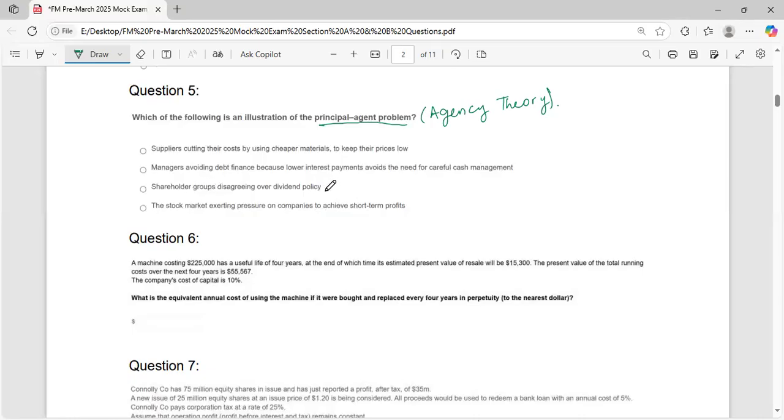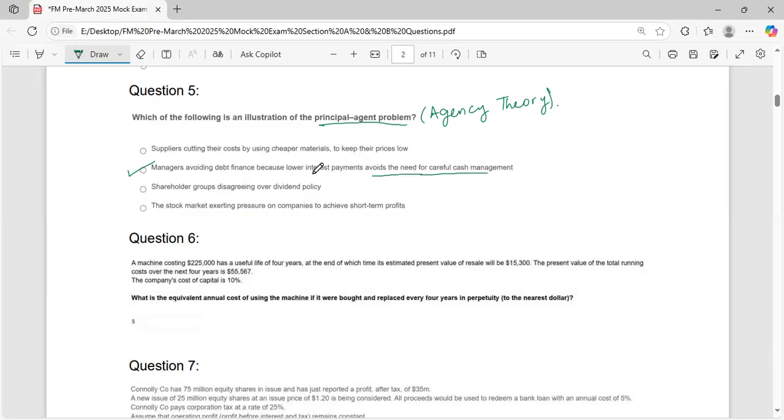Shareholders groups disagreeing over dividend policy is not the principal agent problem. The next one, stock market exerting pressure on companies to achieve short-term profits: stock market usually does not put any kind of pressure, so it is also not correct. The correct option is the one where managers are avoiding debt finance because lower interest payment avoids the need for careful cash management.